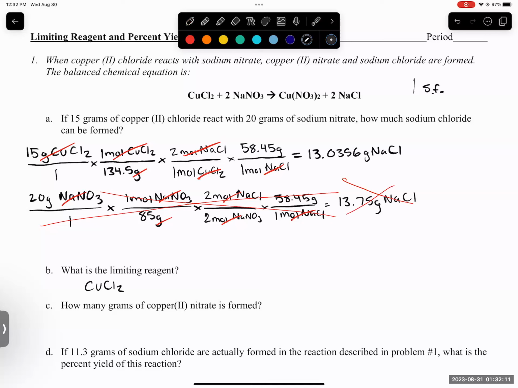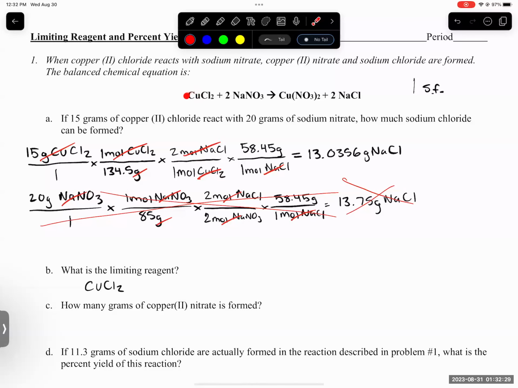Any questions so far before we keep going? Why is the molar ratio for the first one 2 to 1? Yeah, so we're starting with units of grams of copper chloride, and we convert that using the molar mass to moles of copper chloride, right?